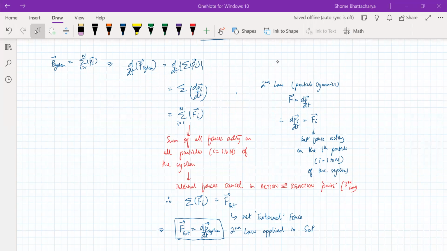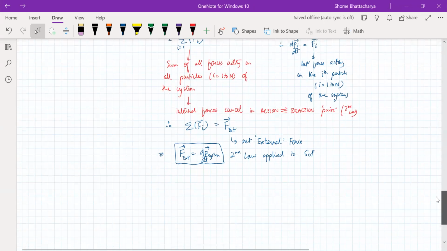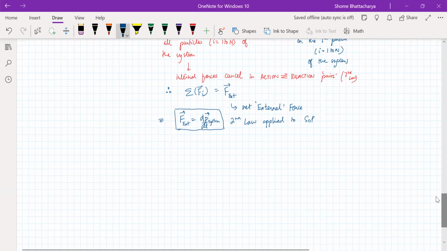Yeah, got it. Okay, so this equation we have written is Newton's second law for a system of particles. If we just invert this equation, you can see that the change in momentum for the system is equal to the net external force integrated over time.